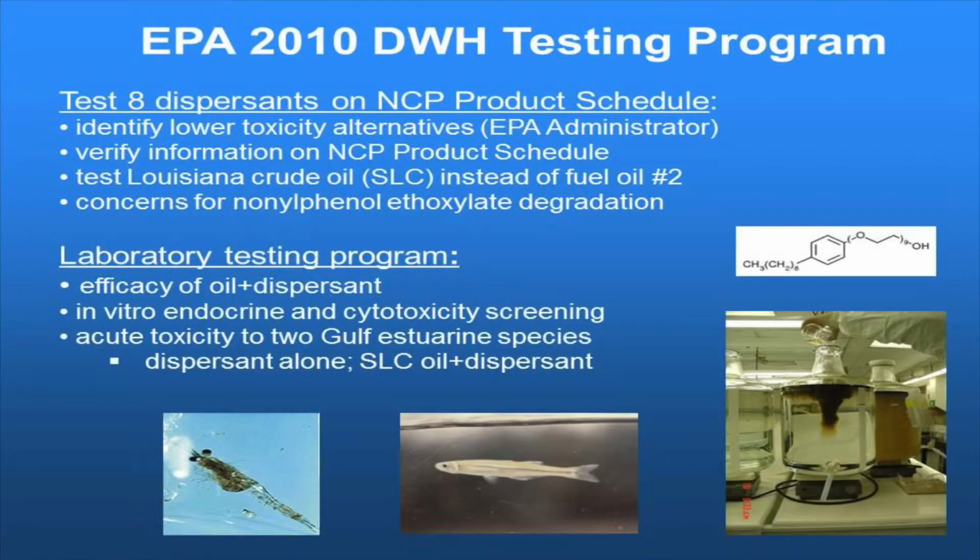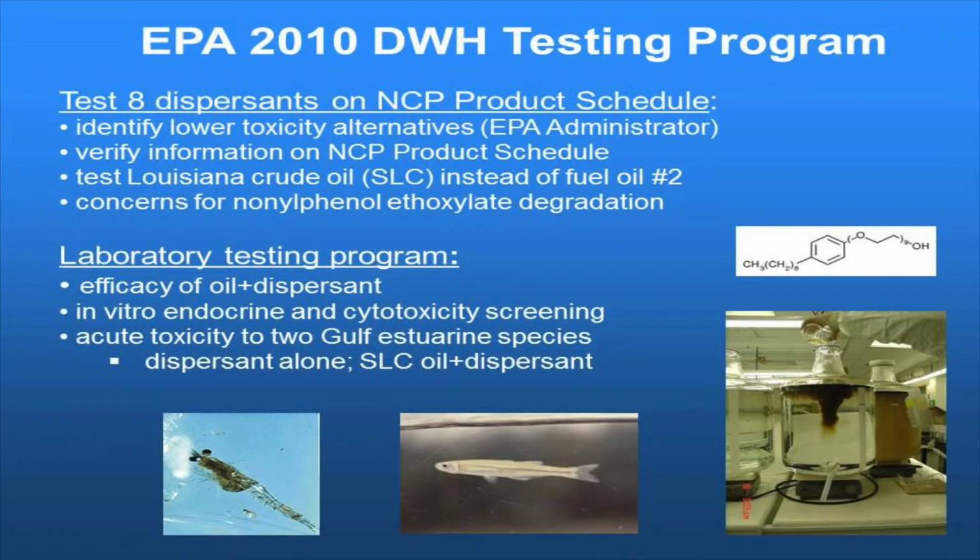So we also wanted to verify the information on the NCP products schedule. Those are the list of approved dispersants that you as responders can pick from. We tested Louisiana crude oil, which was very similar to the Macondo oil. All of the data currently on the NCP are tested with fuel oil number 2, which was the old protocol.